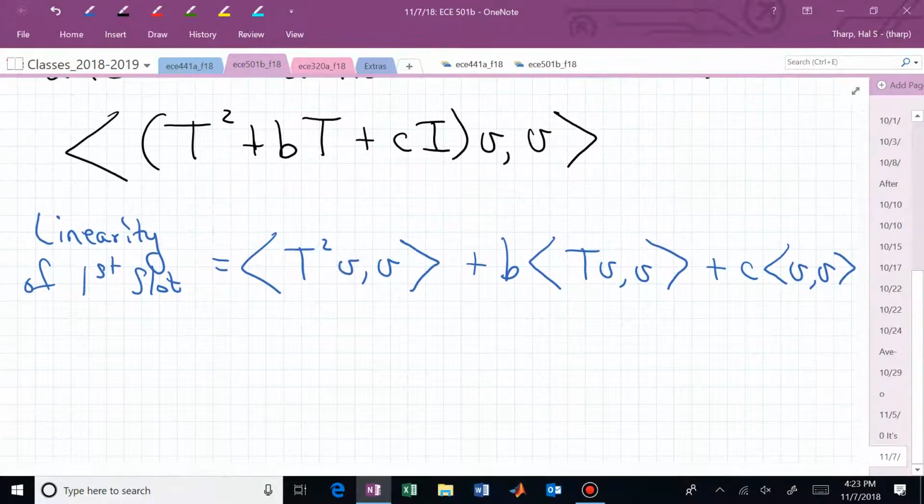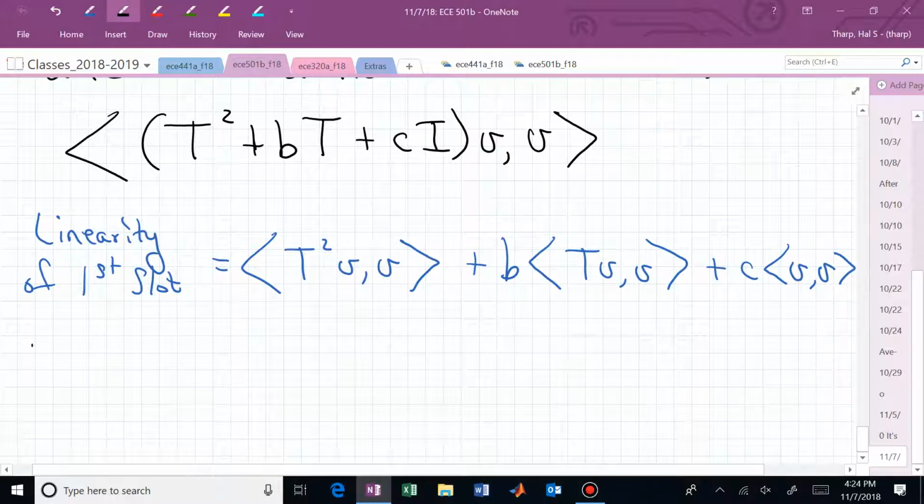And now we can separate that T squared. T squared is T applied to T. So now we have two operators in the first slot. Let's move one of those to the second slot. So we have T times TV. Let's move that first T to the second slot. That means what? It needs to be its adjoint if it's in the second slot.